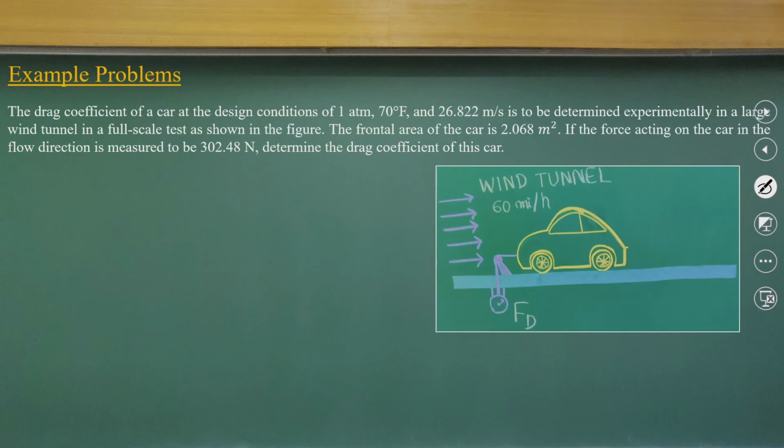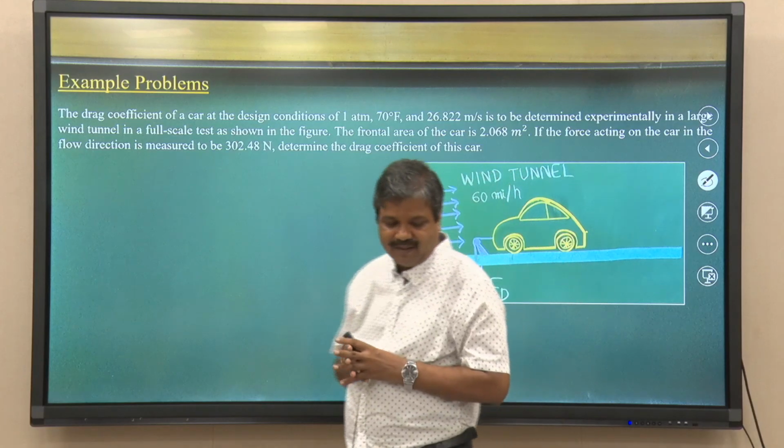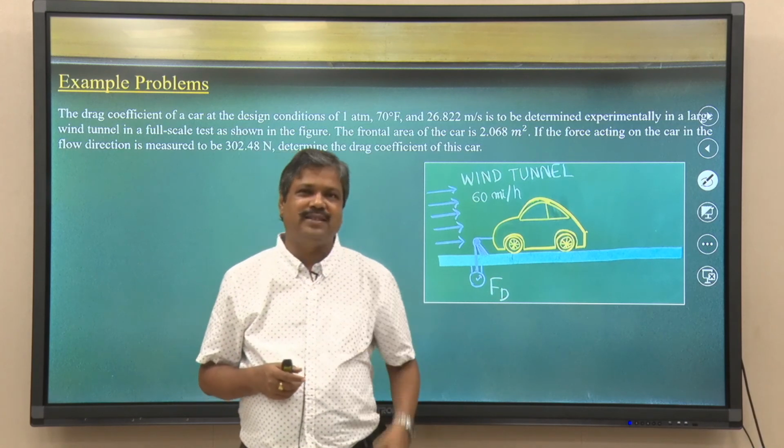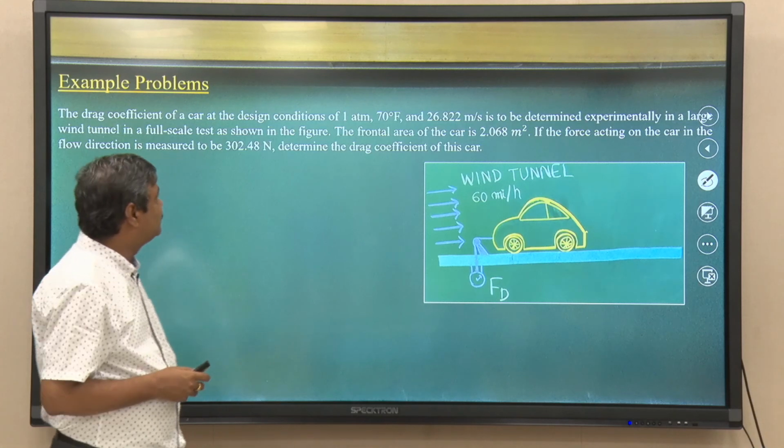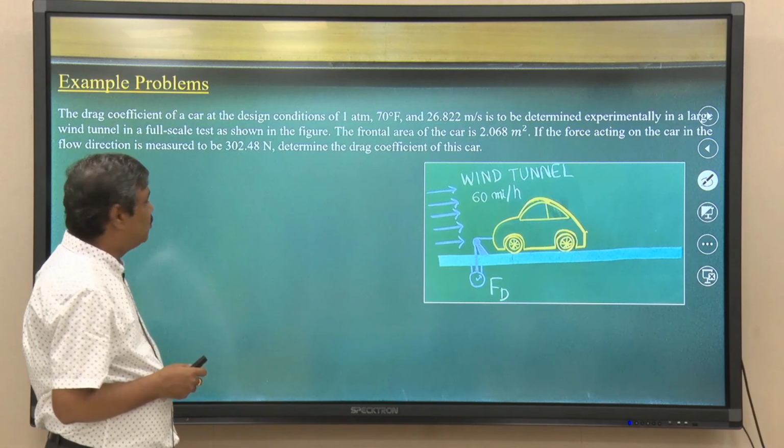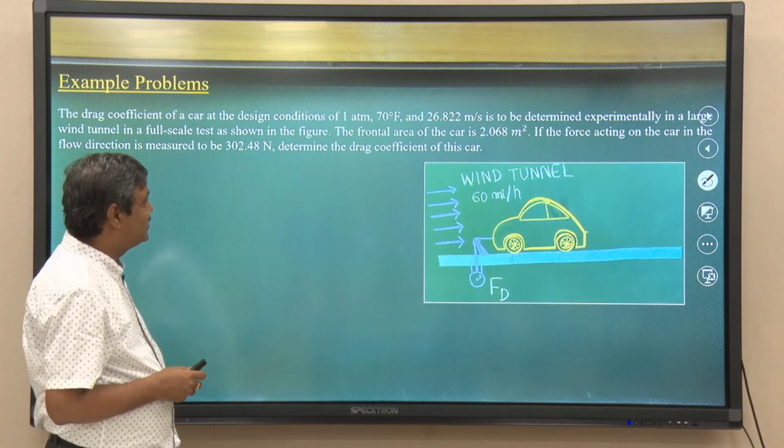I think these are the things we discussed in more detail, but let us come back to two examples, after which we will be finishing this class. It is a very simple example of a wind tunnel test.